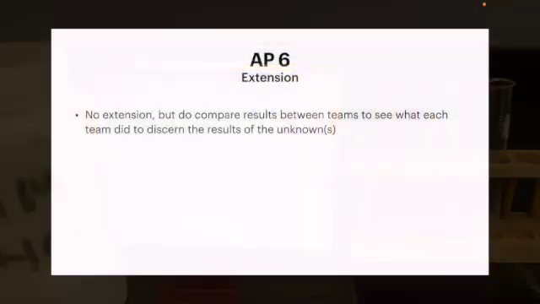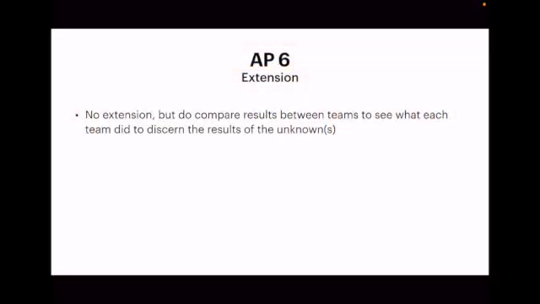Okay? There is no extension, but those 3 tests should not be the only thing you have to do. I would recommend you might want to use the pH probes and test the pH. So instead of just relying on your universal indicator, also get an actual pH level. You can also use the hydrochloric acid that'll be available to you, or the sodium hydroxide.